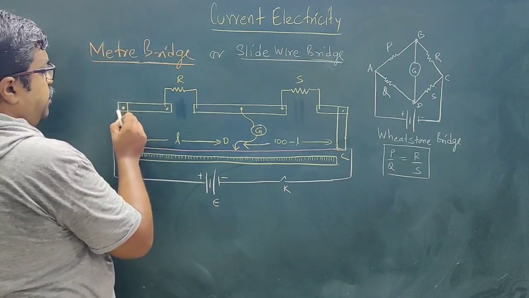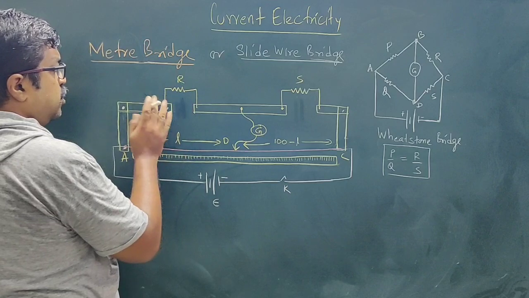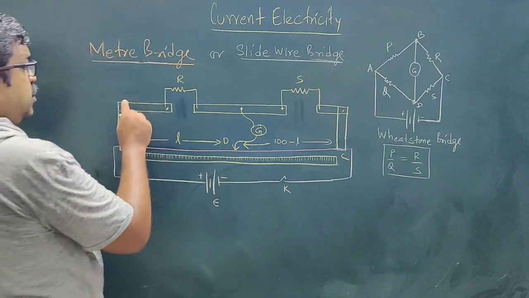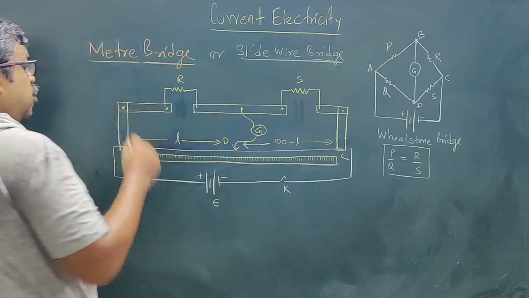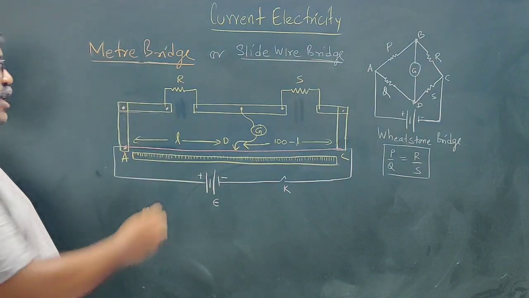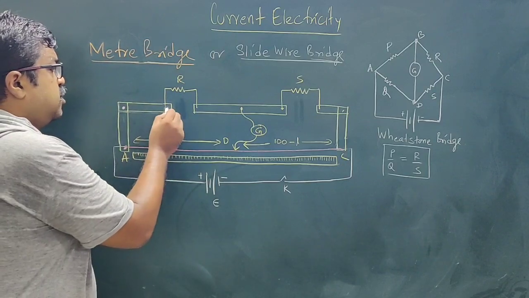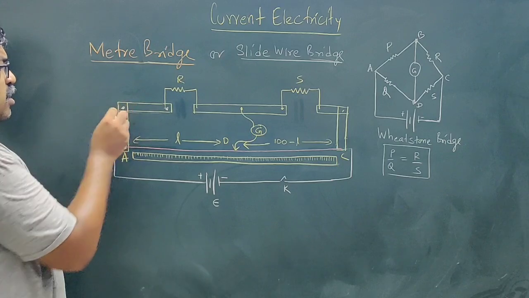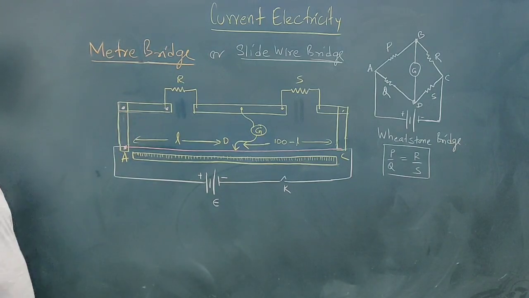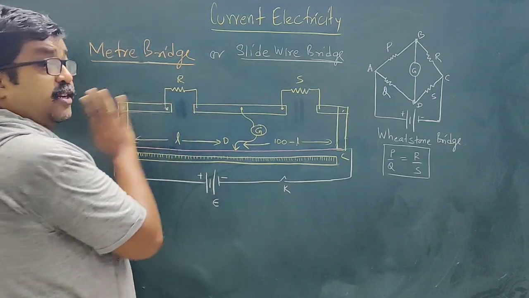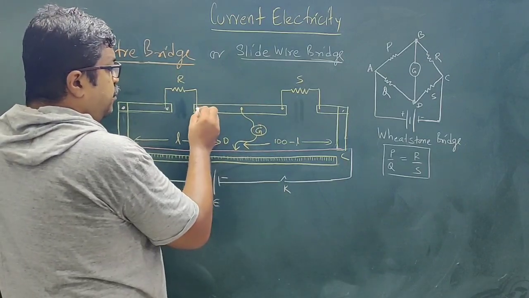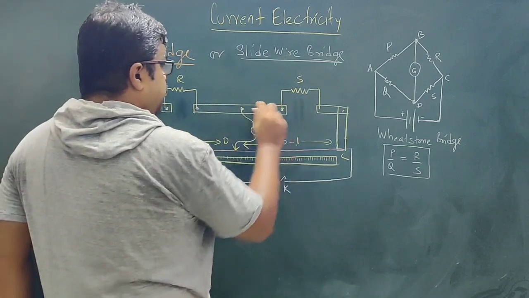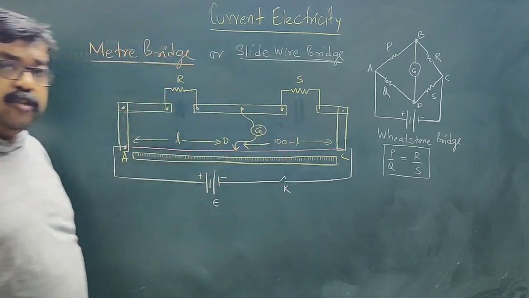This metal strip is fixed on this green board, which represents a wooden board, with the help of these two screws. Similarly, this is another metal strip, fixed on the board with the help of screws. Here there is a gap. This is another metal strip, fixed with these three screws.